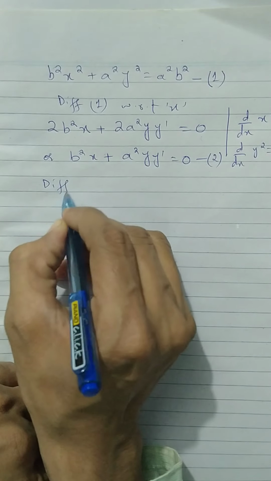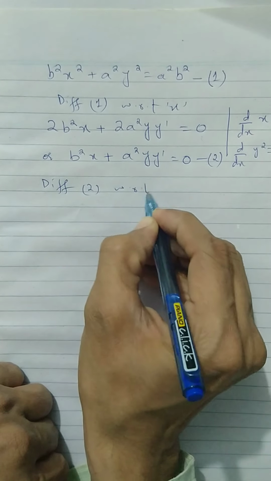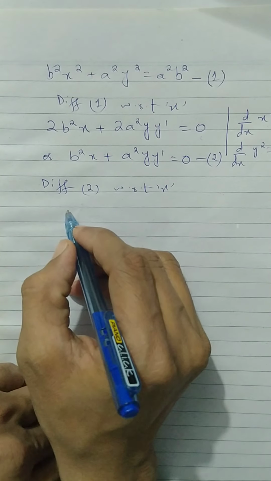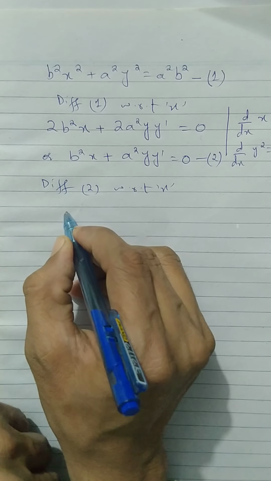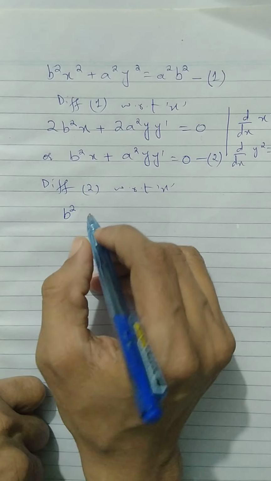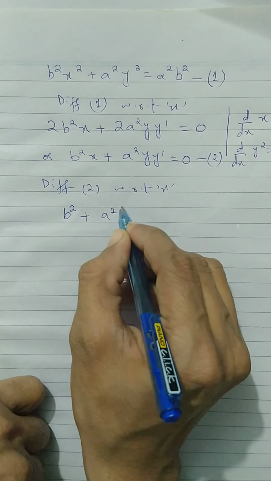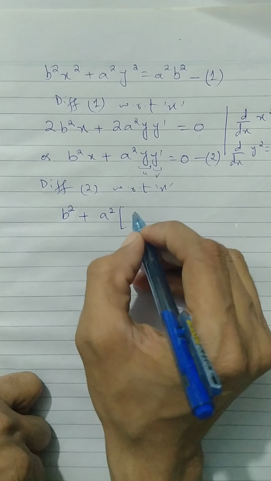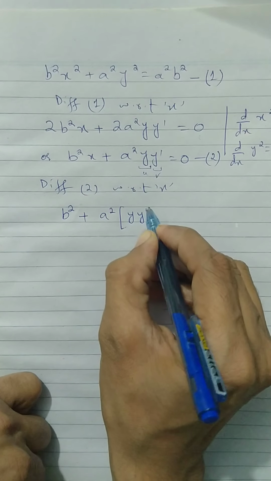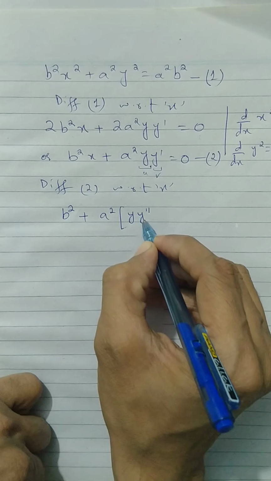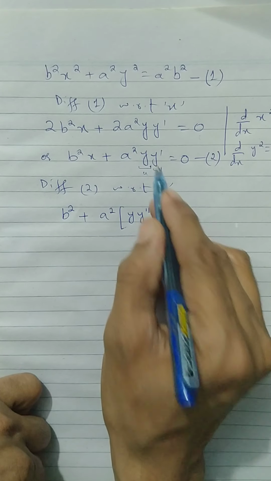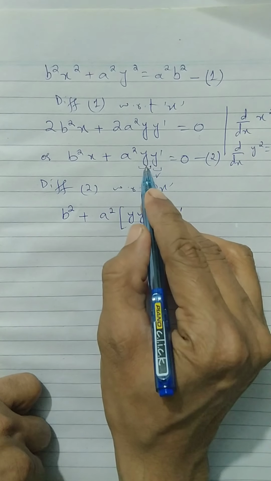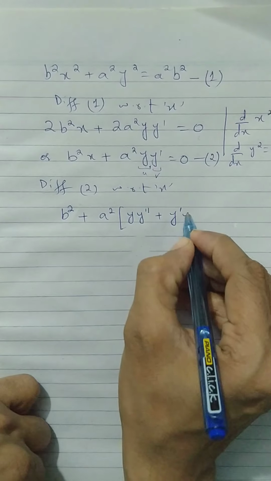We are differentiating equation number 2 with respect to x again. If we differentiate this equation number 2 with respect to x, we'll have b square plus a square, and we have to use the product rule u into v, as y into y double dash, that is u times derivative of v, y double dash, plus v, that is y dash, into derivative of u, y dash again.